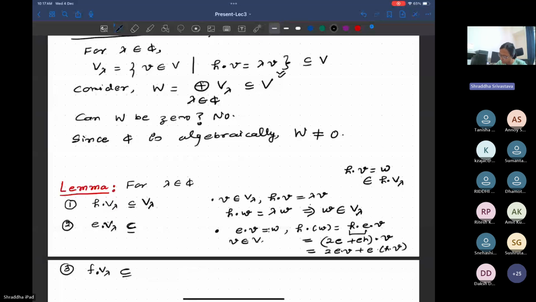So H dot V is acting by scalar lambda. So 2 times E dot V plus E times lambda V. If you simplify all, this will become lambda plus 2 E times V. So your H is taking any vector in E dot V lambda to V lambda plus 2.